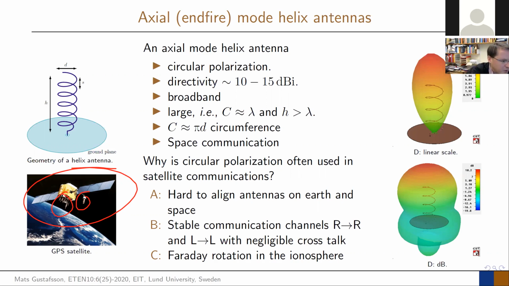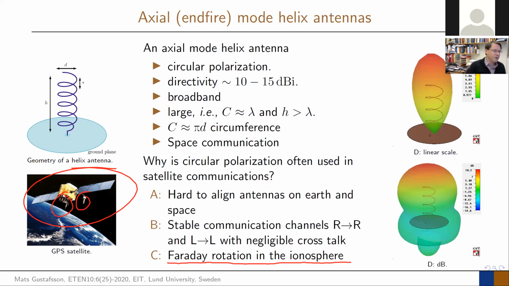Another reason could be that you have a stable communication between them. So for example, if you send from a right circular polarized helix, you can receive it on a right circular one, and the crosstalk between them will be very small. If you had two dipoles, okay, this one and this one are orthogonal, but if you start tilting it here, you actually start receiving also on the other one. A third option might be that you have something called Faraday rotation in the ionosphere.